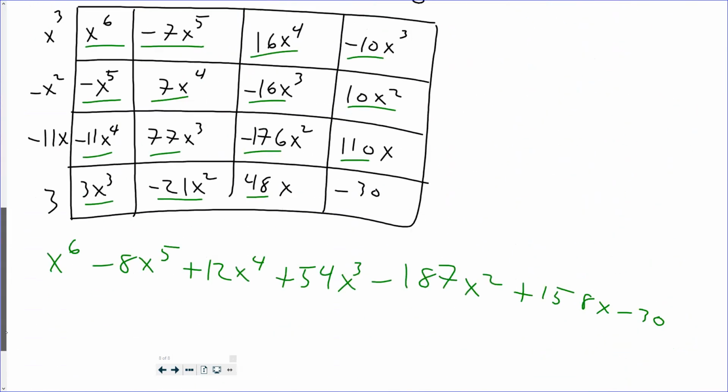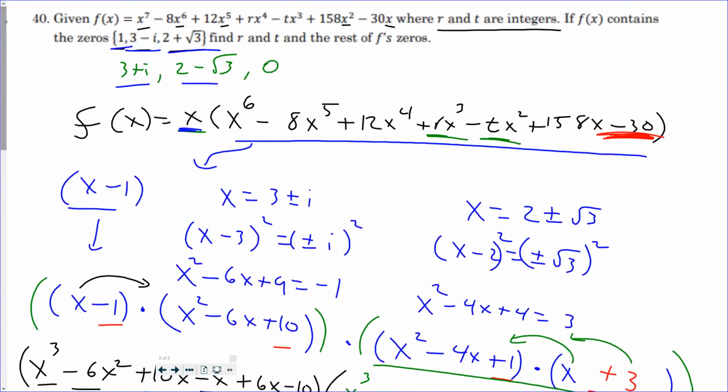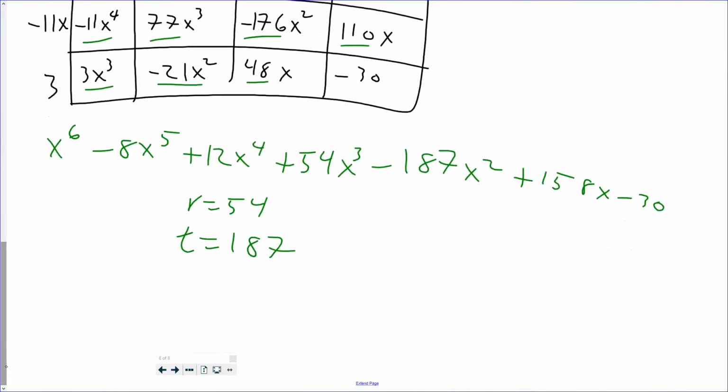So the 3rd degree is 54. So r is 54. And t is a positive 187. The reason it's a positive 187 is because this question decided to be extra tricky, and it's negative t here. So because of that negative t, it's positive 187.